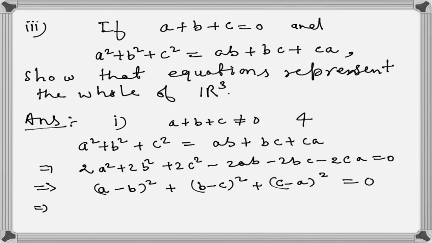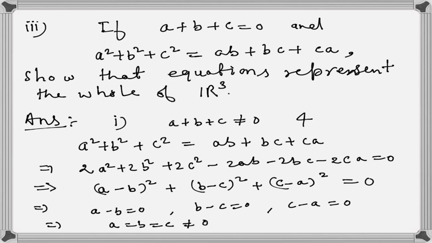Okay, so this is the sum of three non-negative numbers, and the sum is 0. So this implies that each individual term has to be 0. This implies that a minus b is 0, b minus c is 0, c minus a is 0. So a equals b equals c, and because a plus b plus c is not 0, we obtain that a is equal to b is equal to c.